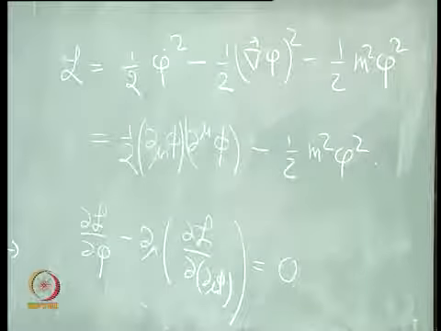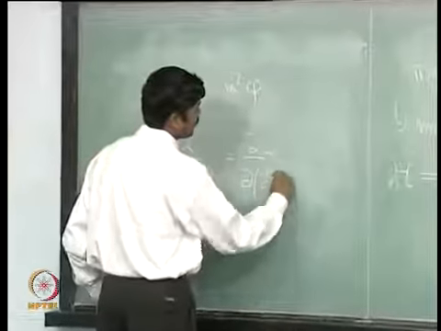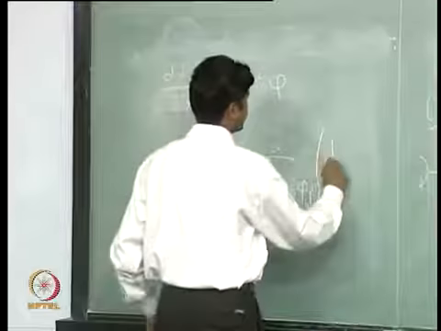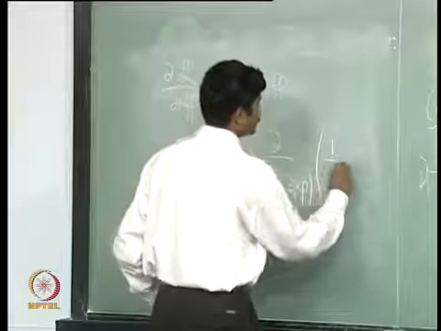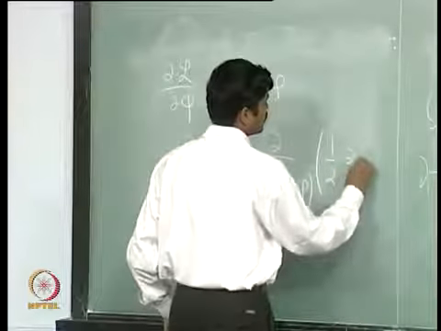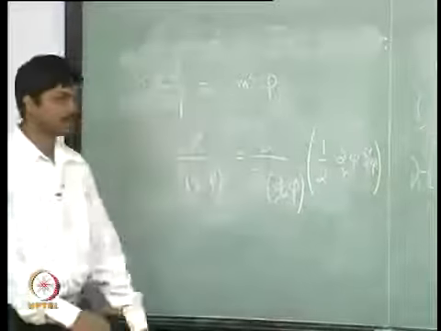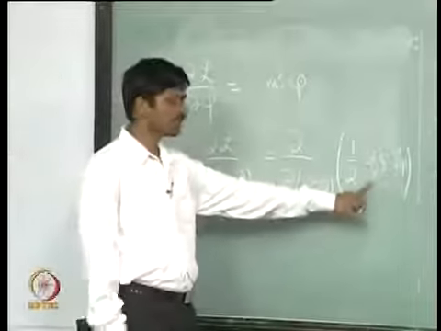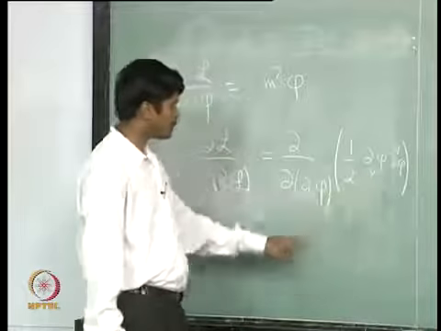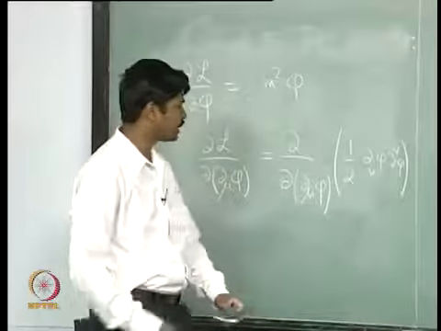So, this is equal to del over del (del mu phi) acting on half del nu phi del nu phi. If you notice, I have used the symbol nu here instead of mu. That is because I have a free index mu here.